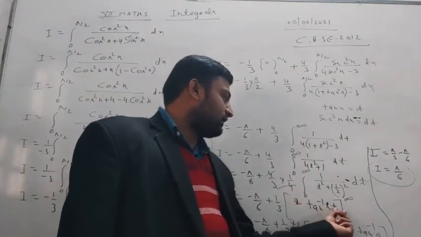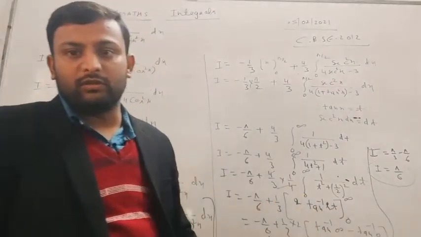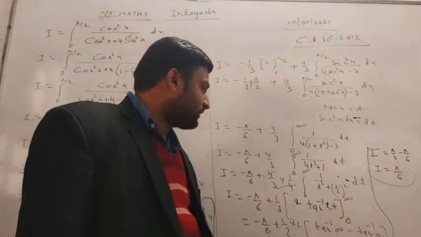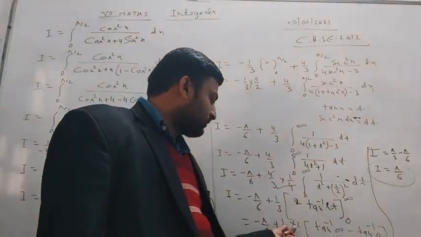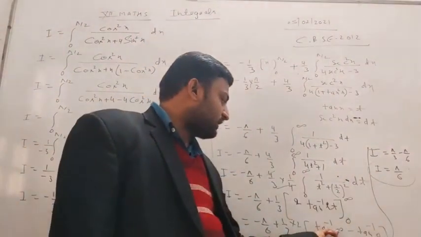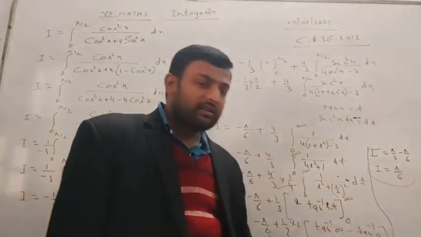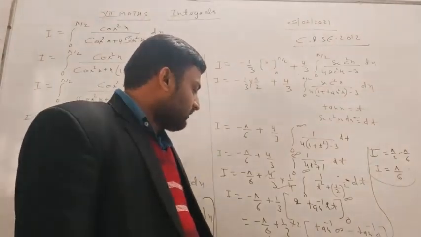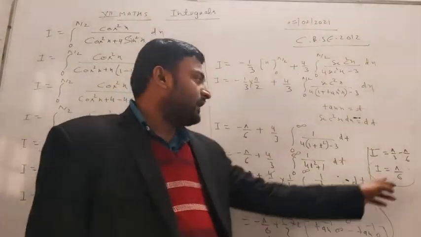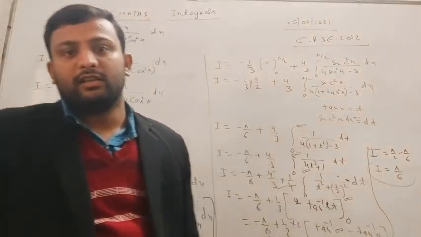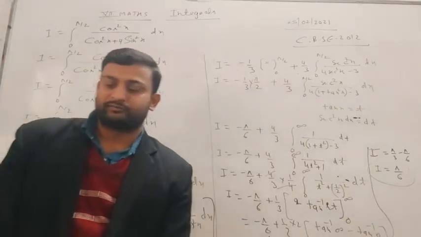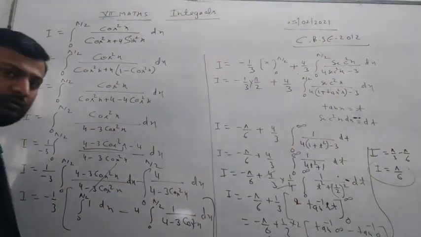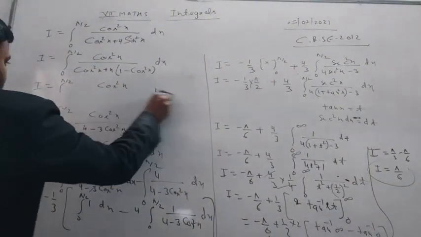So 2 tan inverse 2t we can write, because we know the formula 1 by a tan inverse x by a students. So we can write this. Now minus 5 by 6, so plus 2 by 3, and this is tan inverse not defined, minus sign is used, so we can write in the place of this pi by 2 and this will be cancelled with minus pi by 6 is pi by 3 and get the result which is pi by 6. I hope you understand, students. This is very important question. Now we see next question.